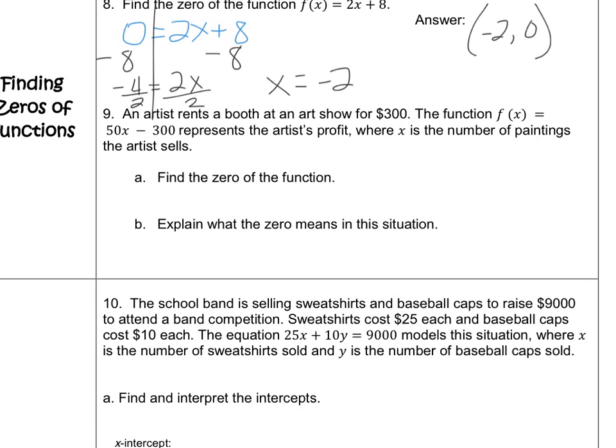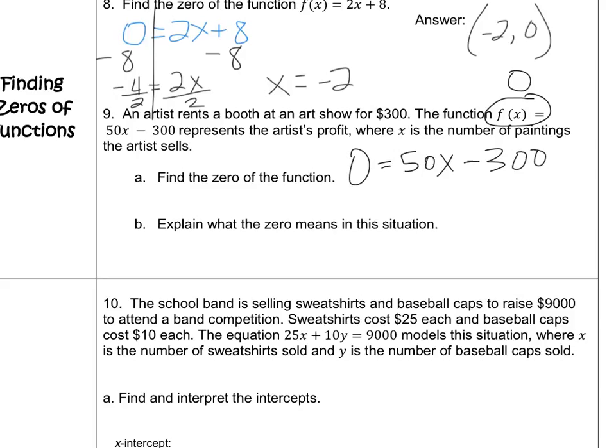Let's talk about an artist renting a booth. So they've given us the equation, or the function, and they're asking us to find the 0 of the function. Okay, so to find the 0 of the function, we have to plug in 0 for our f(x), or for our y. So to find the 0, we're going to say 0 equals 50x minus 300.